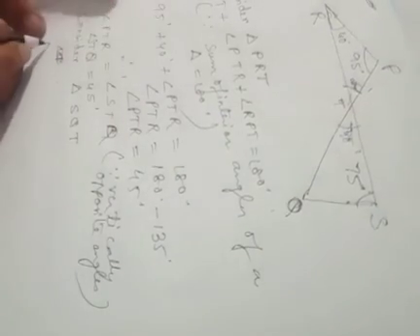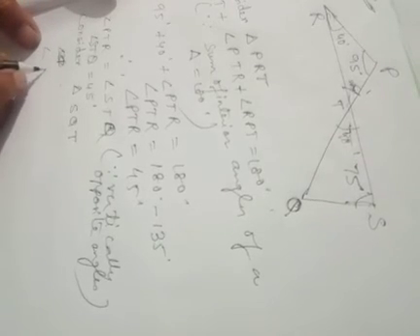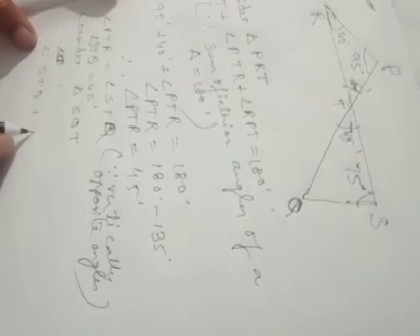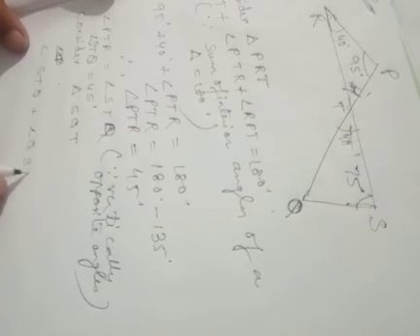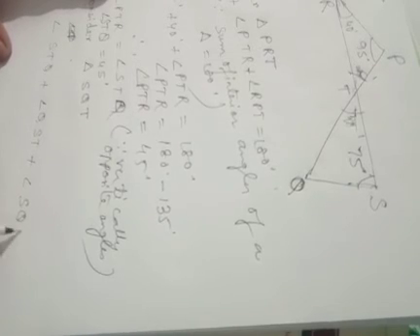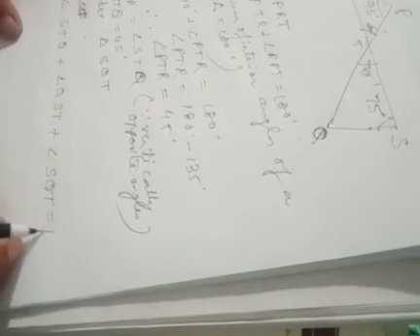So now write down angle STQ plus angle QST plus angle SQT is equal to 180 degrees. Now STQ is equal to 45 degrees. Put the value of STQ, and QST is given 75 degrees. It is given in the question.